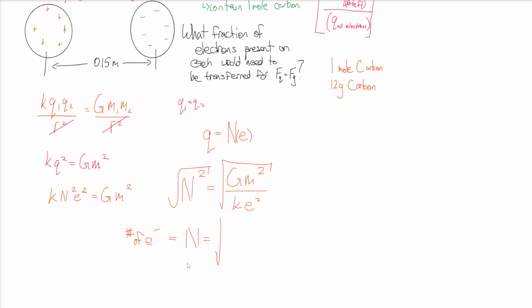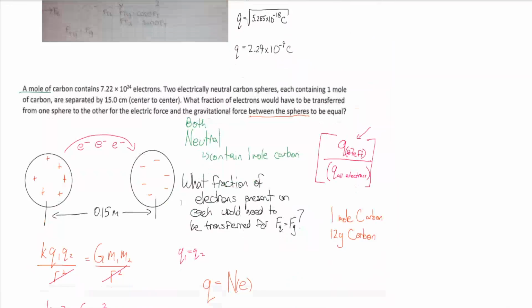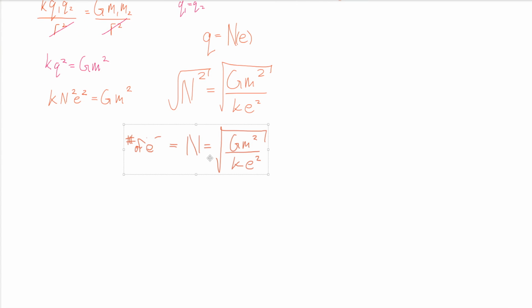Then we will compare that to our starting value of how many we had, because that's the total number we had. This will be the number that got transferred, and then we'll come up with a fraction based on that. So the fraction of electrons.